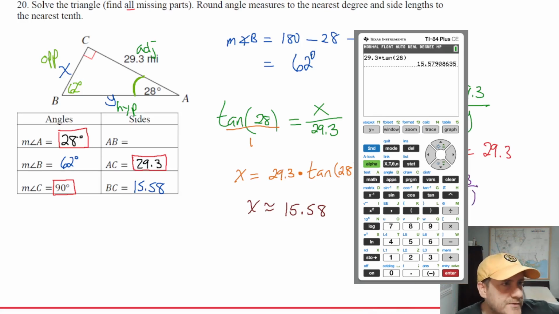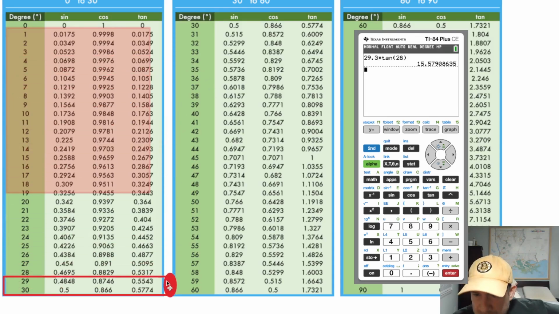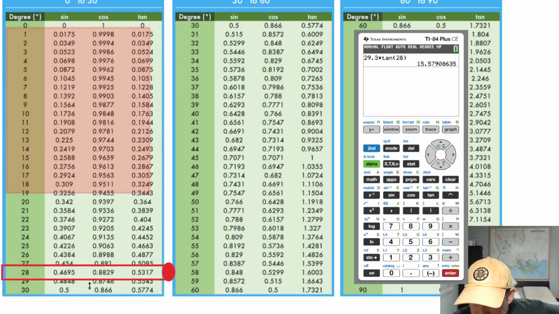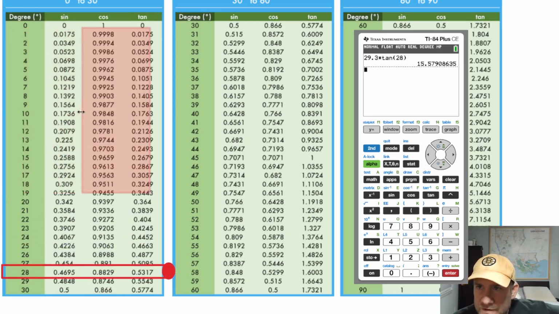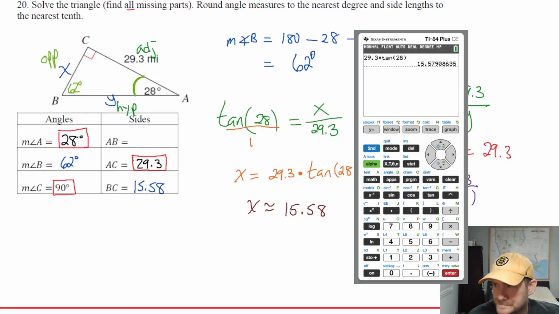All right, let me try doing this one with the chart again, just for fun. So cosine 28 on the chart, you got to find that 28-degree angle. It's right there. And we want the cosine of it, only the cosine. So I'm seeing 0.8829. So that means do 29.3 divided by 0.8829. So how do I do that?